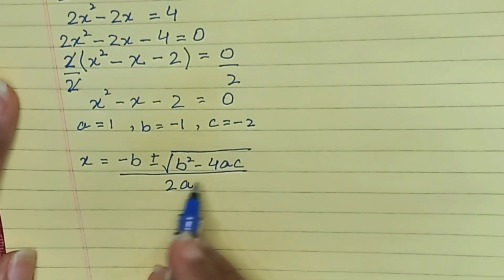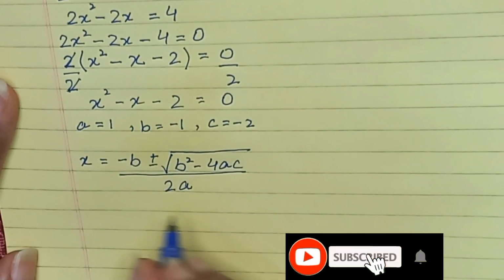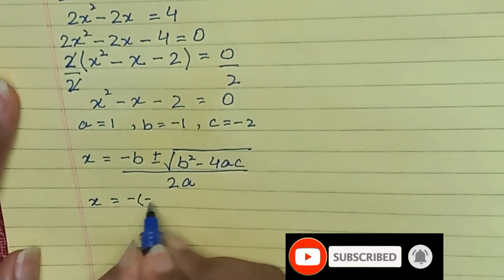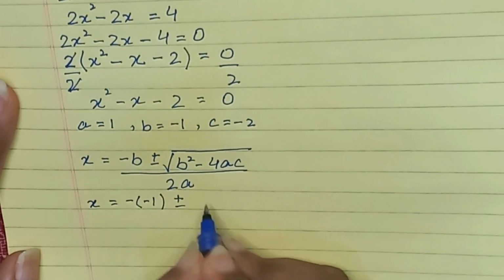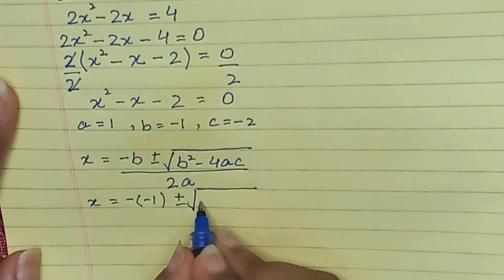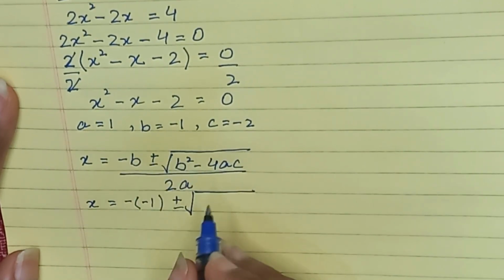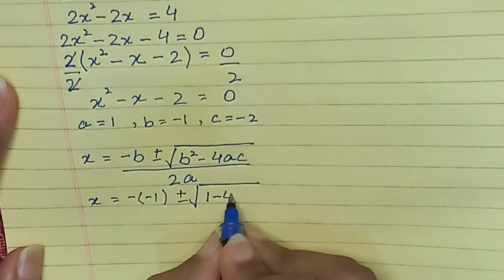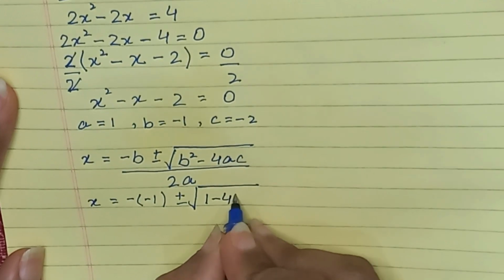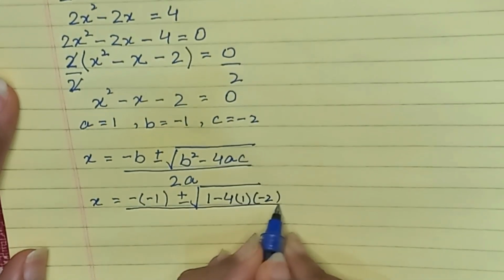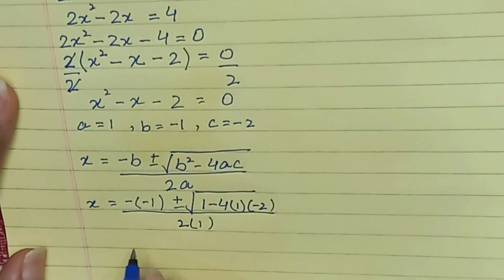So let's start putting the values of a, b and c. So x is equal to minus into minus 1 plus minus square root of b squared, which means negative 1 squared, and negative 1 squared will be equal to 1, minus 4ac, where a is 1 and c is minus 2, divided by 2 times a, and a is 1.